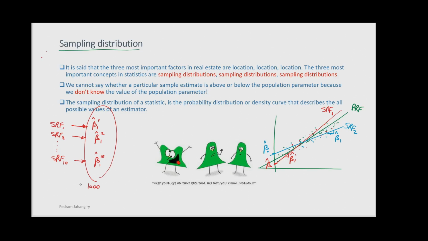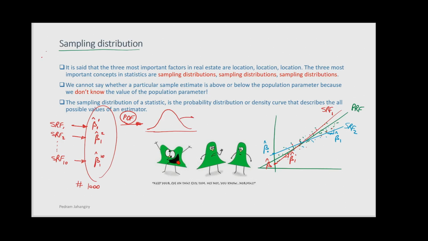Again, the number of these beta hats is going to be equal to the number of samples that we're drawing from the population, right? Let's say I have thousands of these beta hats, and specifically here beta hat 1s, so I can plot the distribution. I can plot the PDF, right? So basically I can tabulate the frequency, come up with the density function, and literally I can plot it. So maybe at the end of the day, the distribution for our beta hats is something like normal.